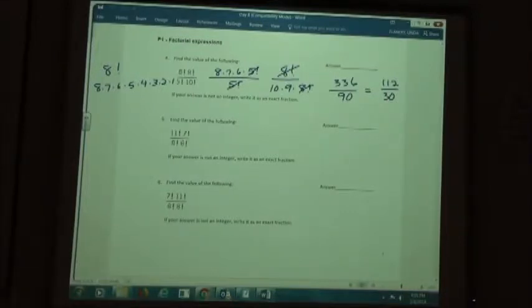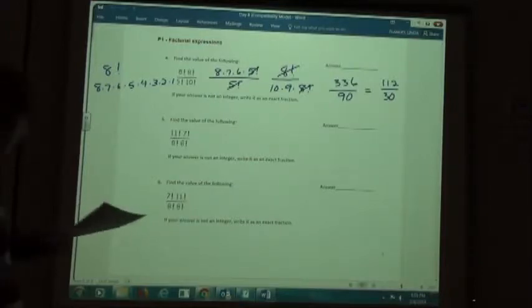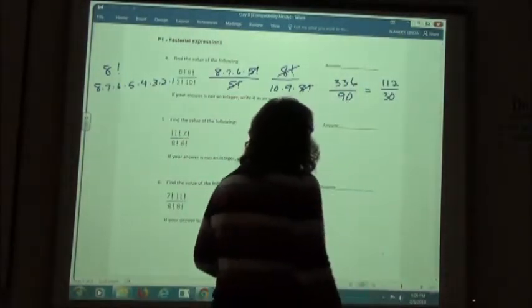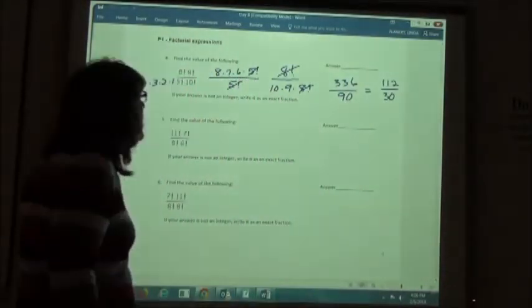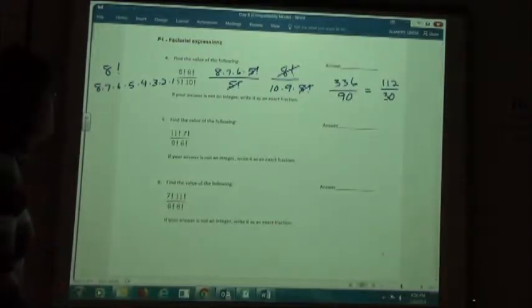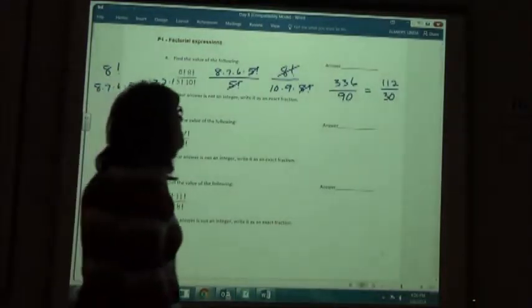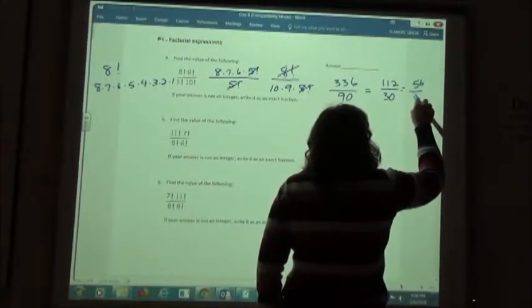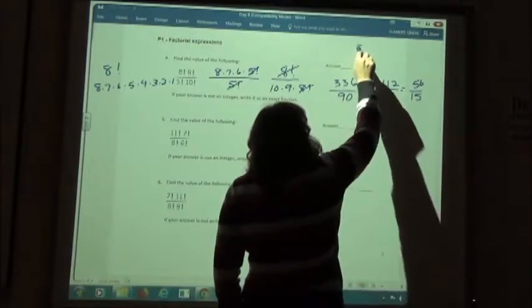I don't know if you can do 10 without getting a decimal, right? 3 goes into 112, does it? No. But 2 goes into both of them. I can divide by 2, right? So 56 over 15. And then I think we're stuck.